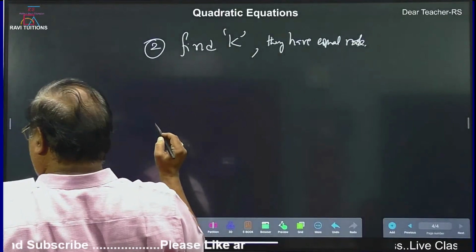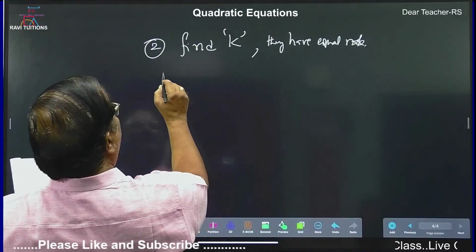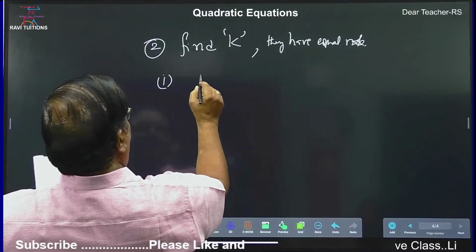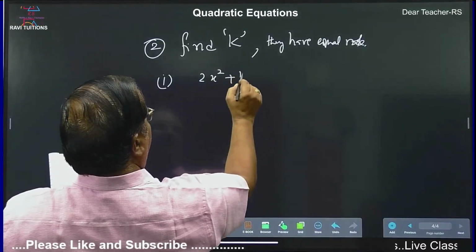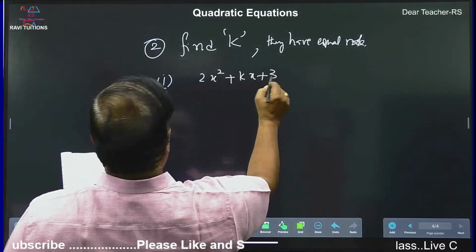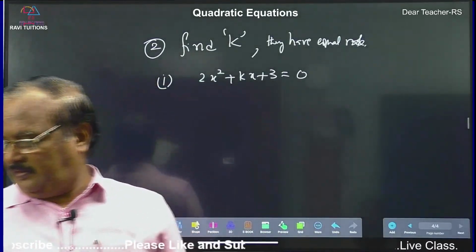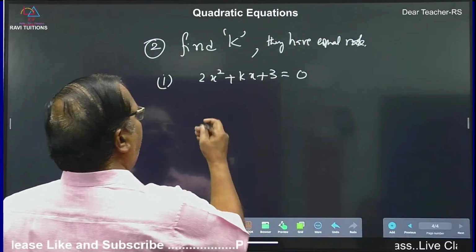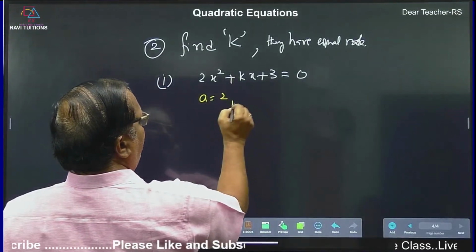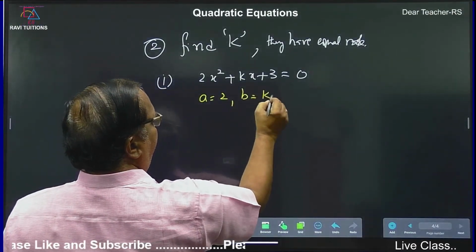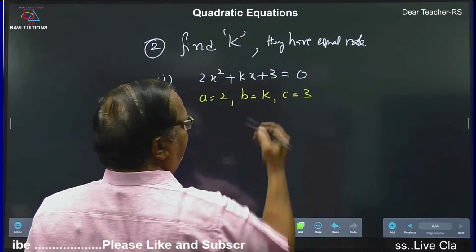So let me do the difficult question. First, both are same. 2x square plus kx plus 3 is equal to 0. First write A, B, C. How much is A? A is 2, B is k, C is 3.